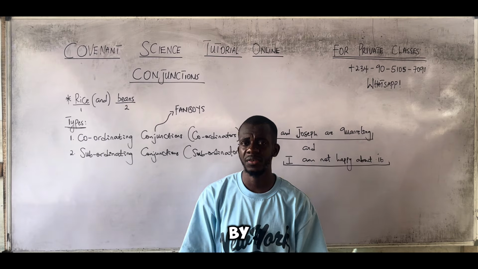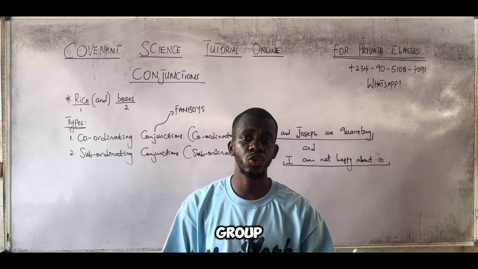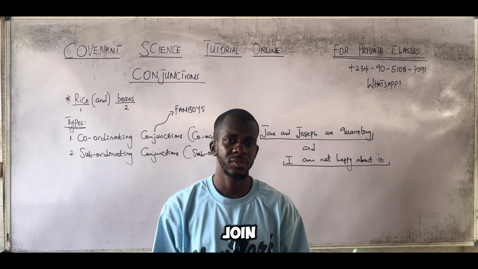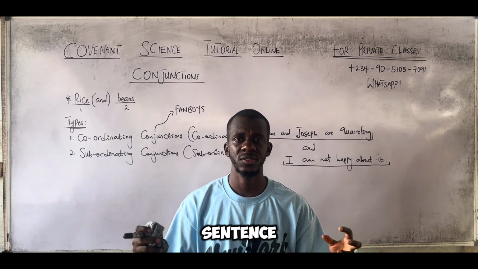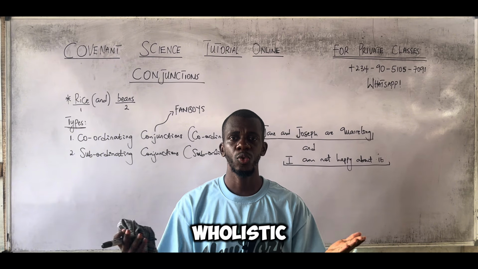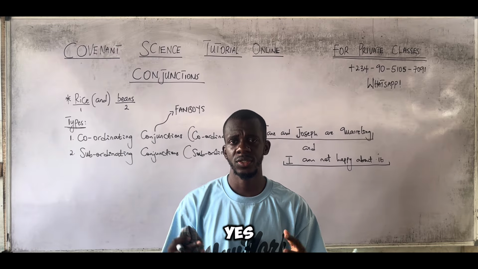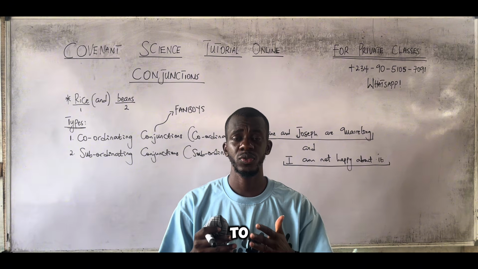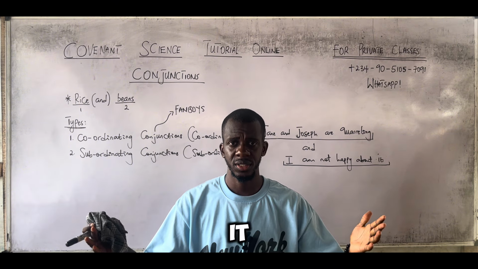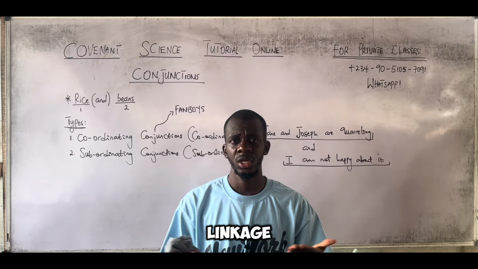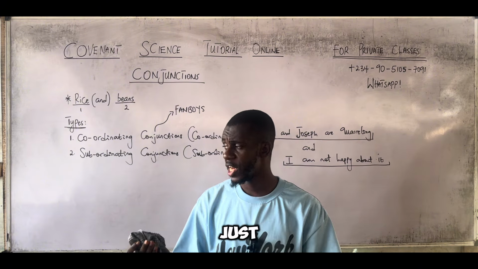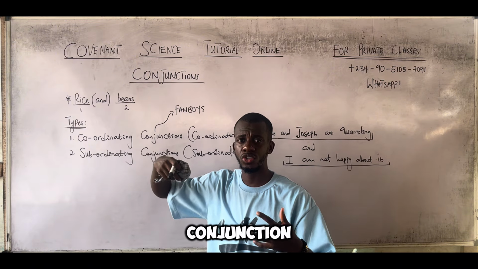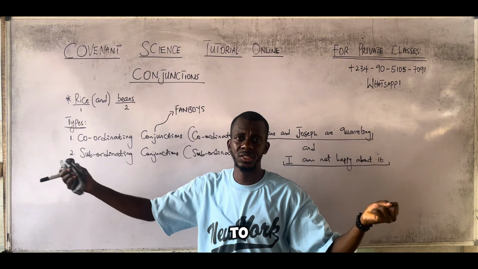Now, a conjunction by definition is a word or a group of words that join parts of a sentence in a holistic manner. Conjunctions help to join, help to bind, or you could say help to separate. It serves as a linkage between words, just like you see here, rice and beans, where and is working as a conjunction, linking one part to the other.